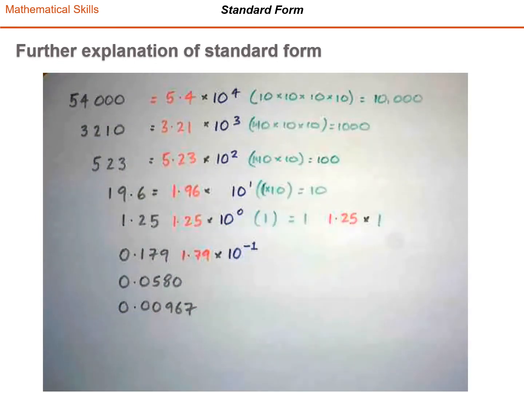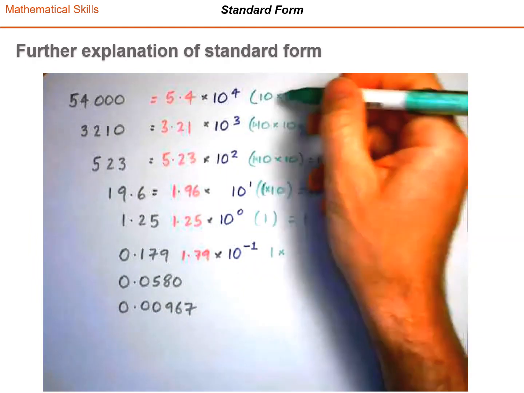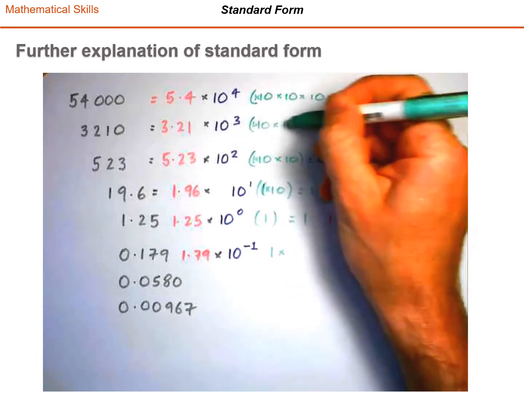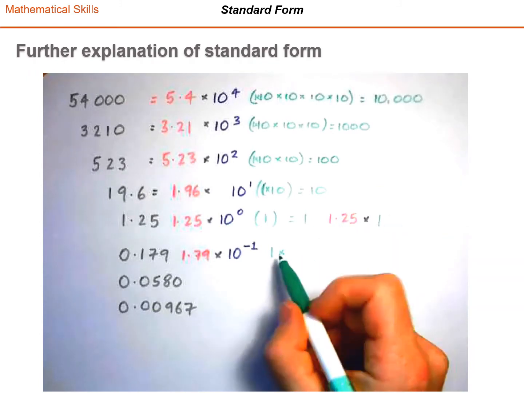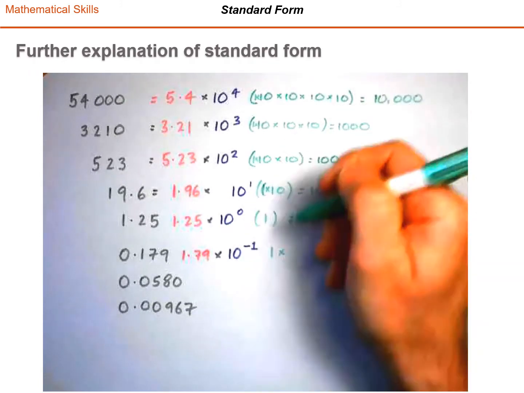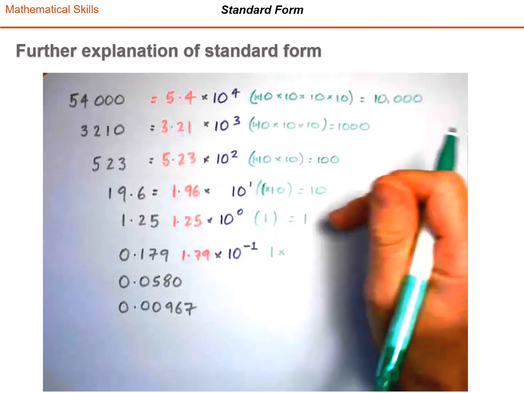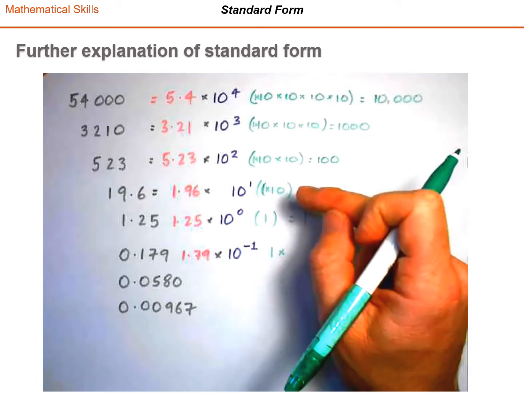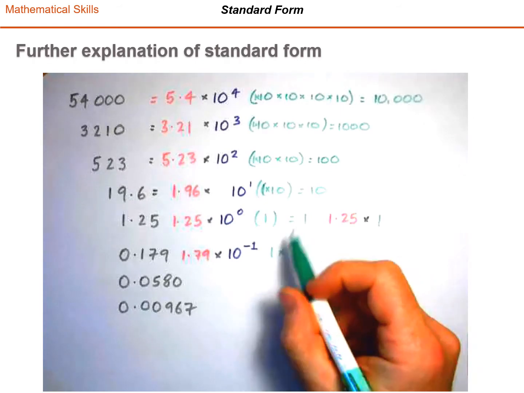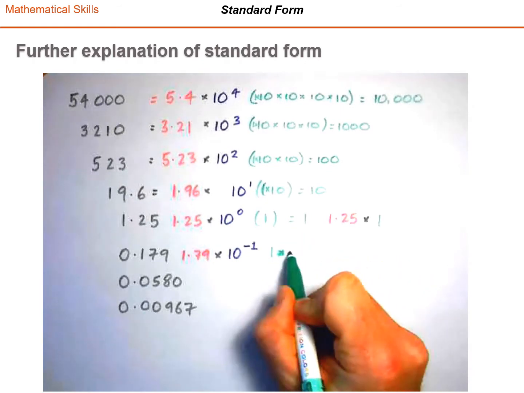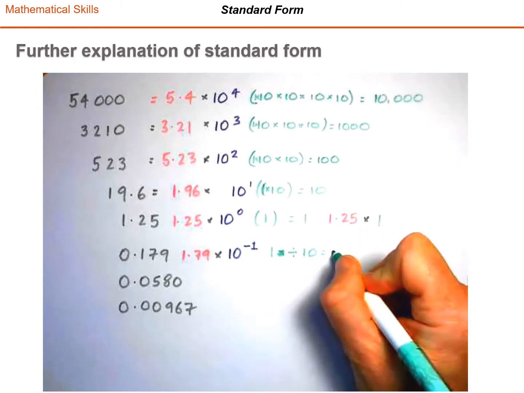Now what we were doing with all of these, I've been saying this should be 1 times 10 times 10 times 10, 10 times 10, 10, not multiplying by 10. What I do here is I now start to do the opposite of multiplying. So in each case I'm multiplying by 10 even less. Here I'm not doing any multiplying by 10. So if I'm going to do something less than multiplying, the opposite to multiplying becomes division. So I don't do multiplied by, instead I do divided by, 1 divided by 10, which we know gives us 0.1.